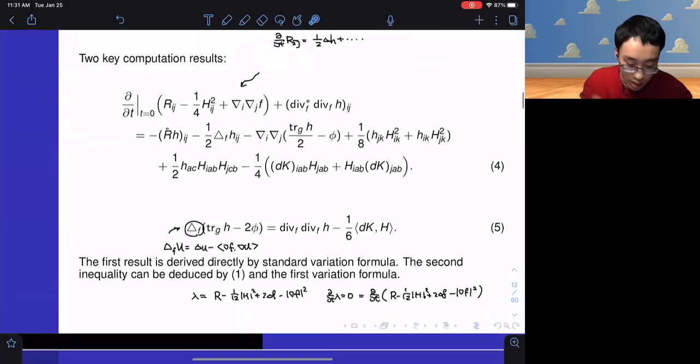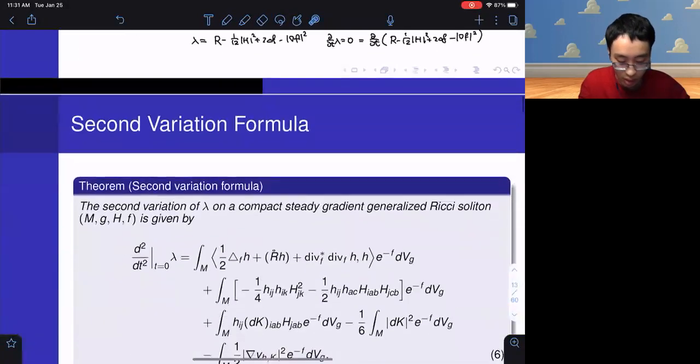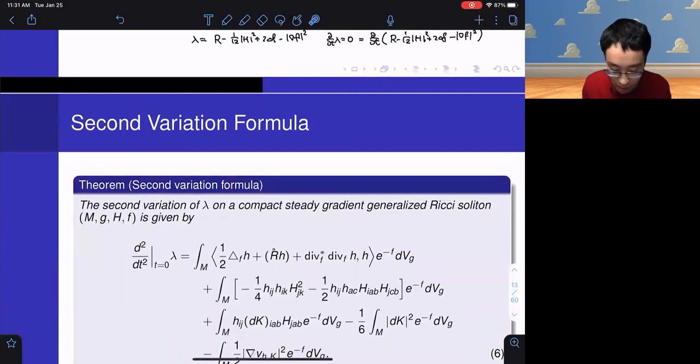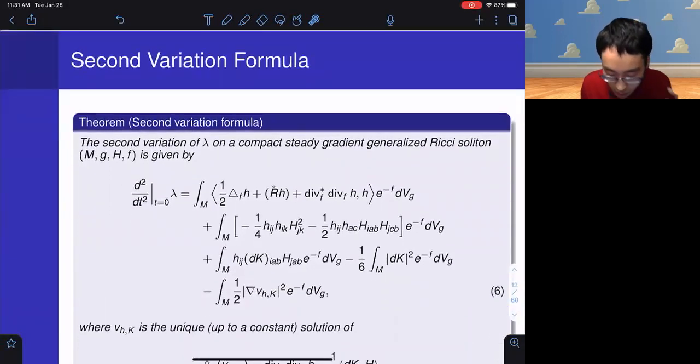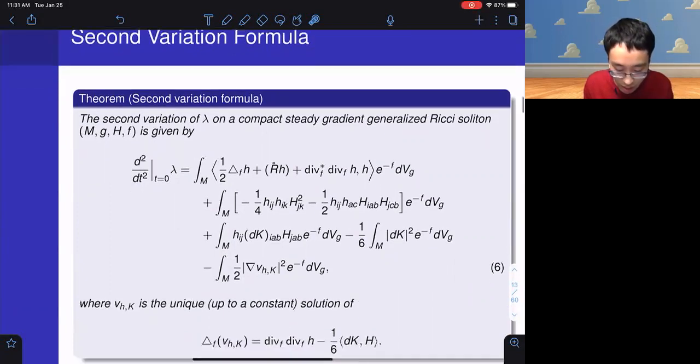Based on these two computation results, we can write down our second variation formula on a compact steady generalized gradient Ricci soliton. It's a little bit long and messy, and we will try to simplify it later. But here is the complete statement.